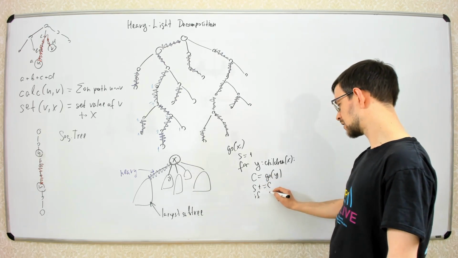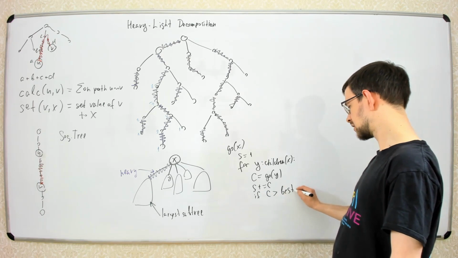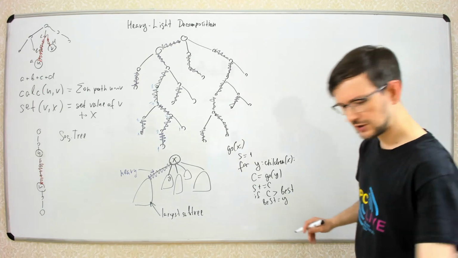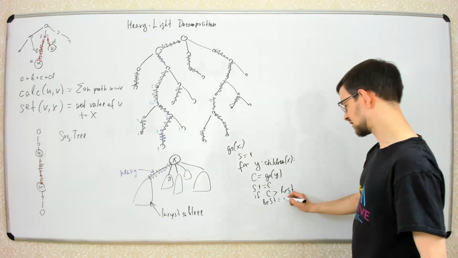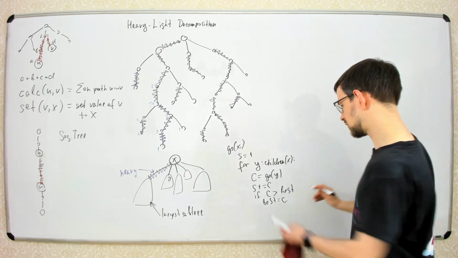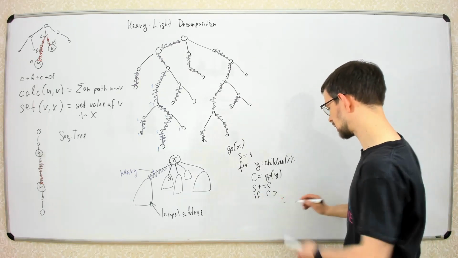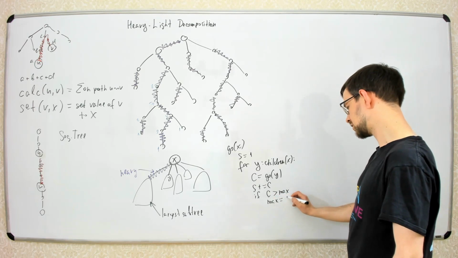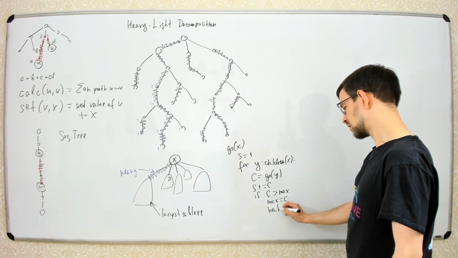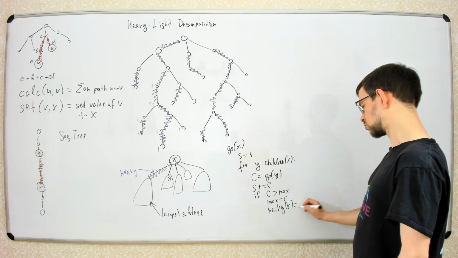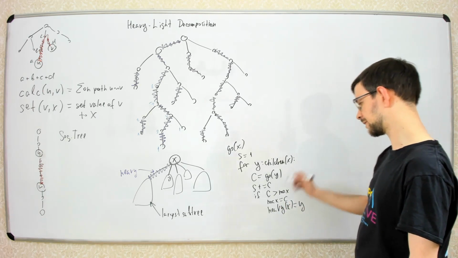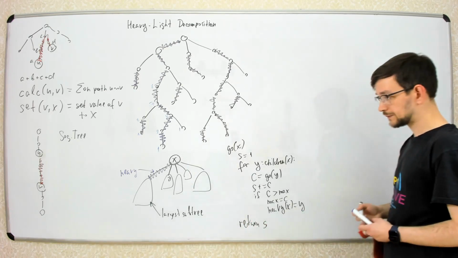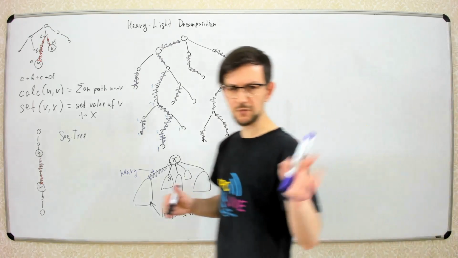So if c is greater than best, then best equal to y, equal to c. That's not best, that's the maximum. If c is greater than max, then max equal to c, and heavy of x equal to y. Then return s. So it's quite simple recursive procedure.